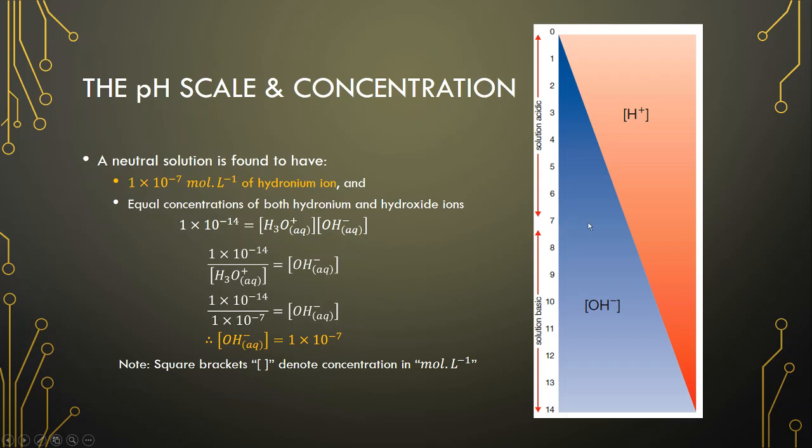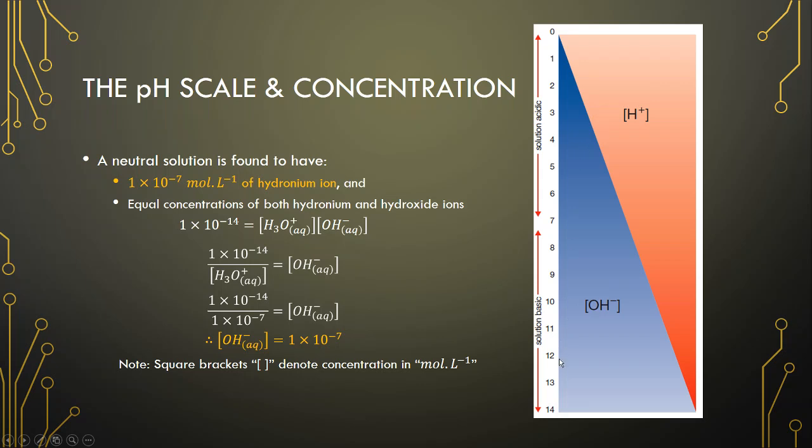So at a pH of 7, you have the same number of OH minus as H plus. Whereas if you look at the acidic range, like a pH of 4, there is a lot more H plus, or hydronium ion, present and a lot less OH minus.